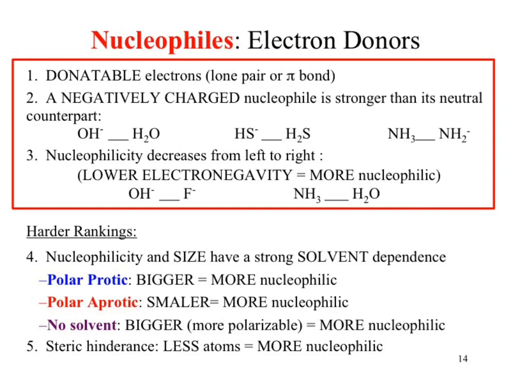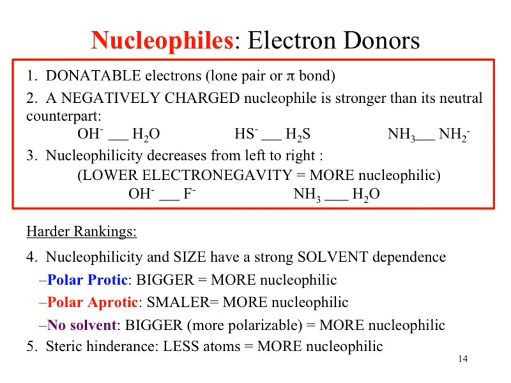Why? It's more reactive. Why is it more reactive? It wants to stabilize the negative charge by sharing the electrons, which is the definition of a nucleophile. So if we go through and look at a couple different nucleophile options, OH minus versus H2O, which is the stronger nucleophile?